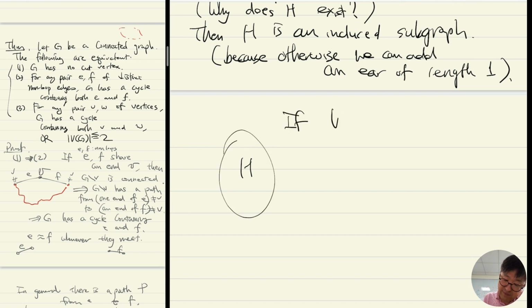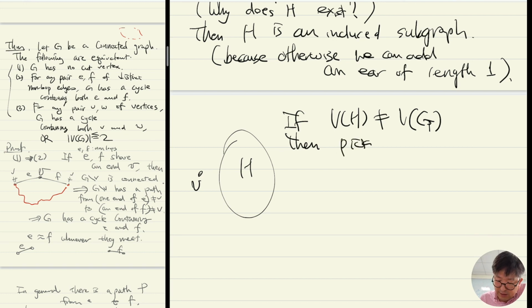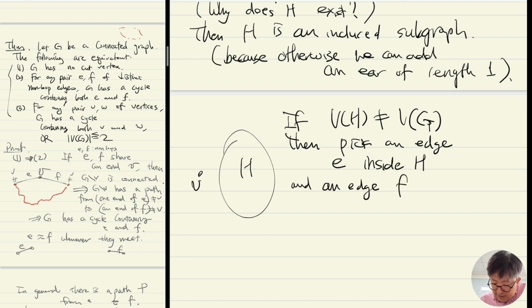So if V of H is not equal to V of G, then you have a vertex outside. Right. So what can you do? Then pick an edge E inside H and an edge F incident.